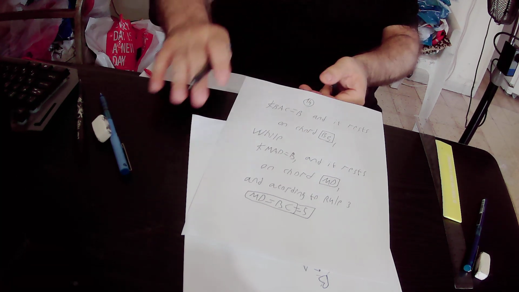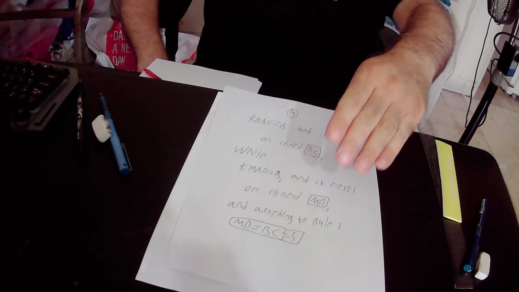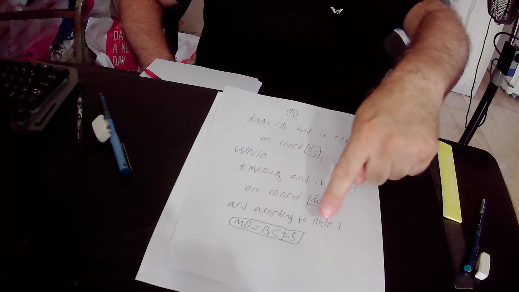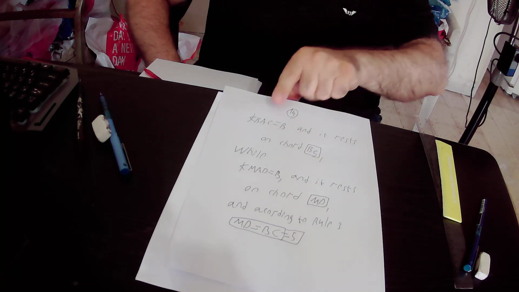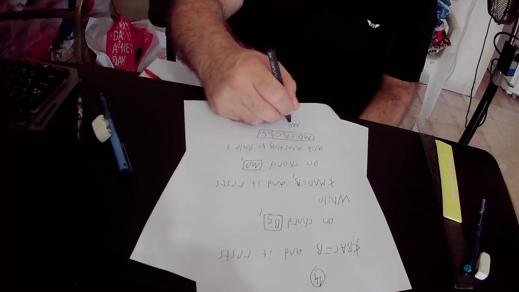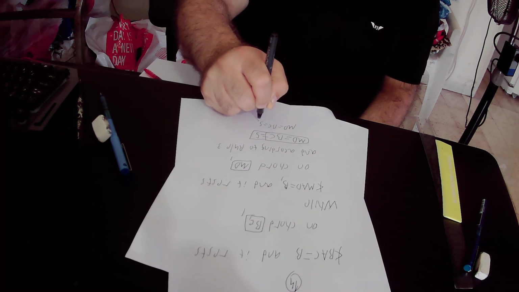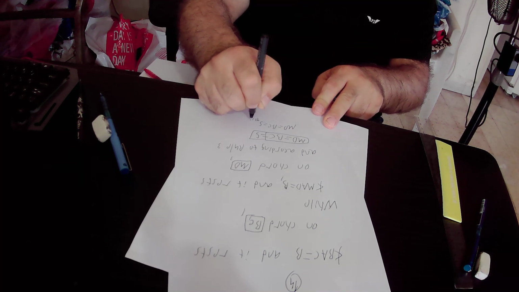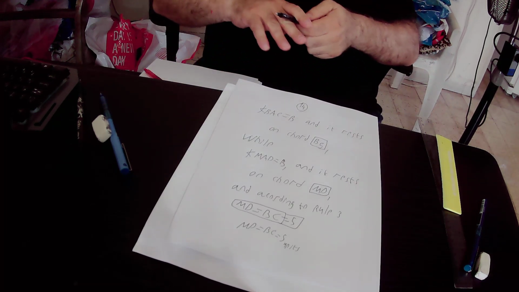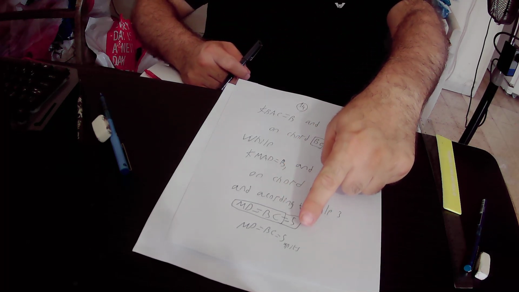So we can deduce from this equality that MD equals 5 units. I will write it again. We have the equality that states that MD equals BC equals 5 units.